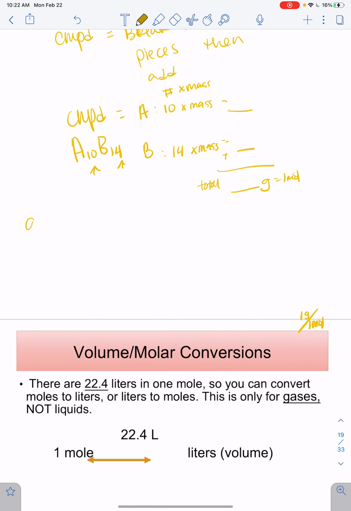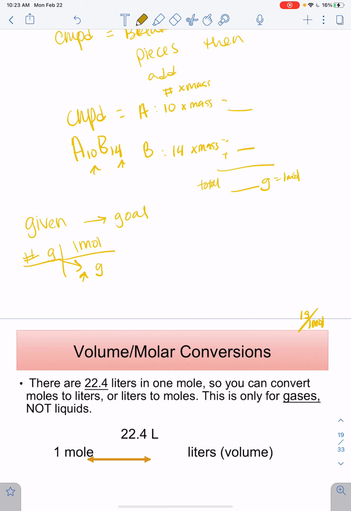Okay, so when we are working these, we're going to, again, just be doing the same thing, where you start with what you're given and you work your way to goal. Whatever is on top, if we have grams on top that was given, we're going to put grams on bottom, okay? And we're going to put 1 mole on top. This number right here is from the periodic table, or we just calculated it.